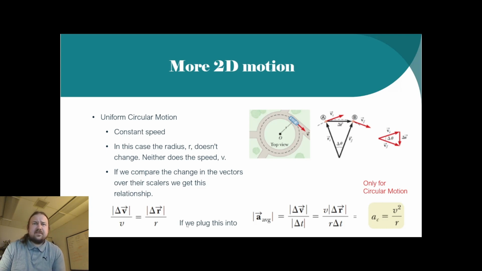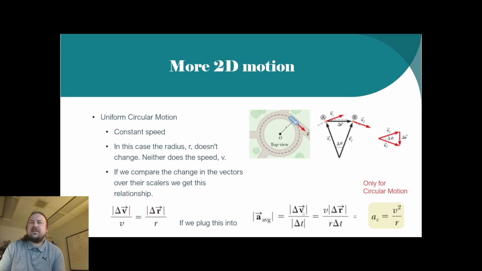But if we take this newfound information, these two equalities that match each other, and plug this into our equation for an average acceleration, which would be the change in v over the change in t, we end up solving for the change in v, which means I'm going to have to multiply the scalar v to the other side, and we'll end up with this equation, which is velocity times the change in r over our scalar product r times the change in t.